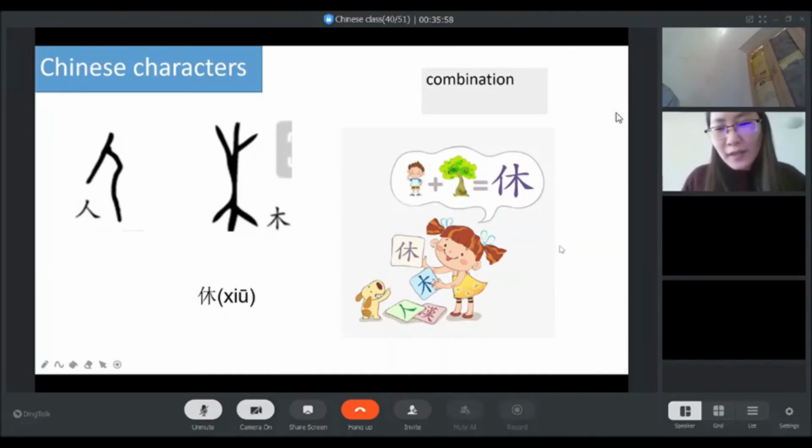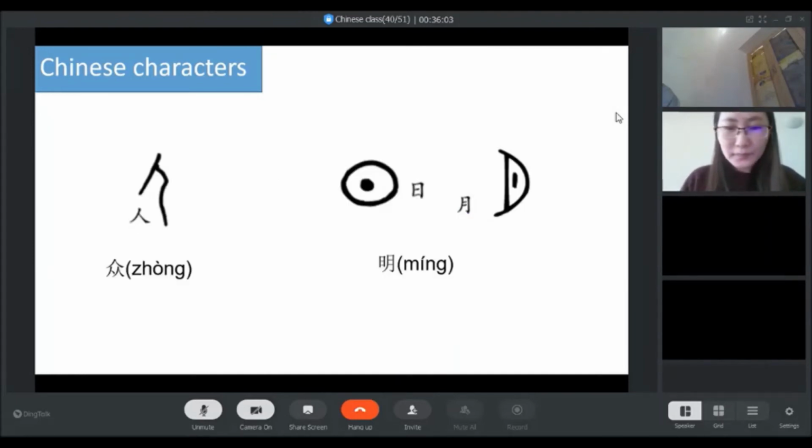So there is another group of Chinese words, a combination. For example, this one, 人, means people. If we put 3 人 together, 1, 2, 3, it means many persons. 众, it means many persons.